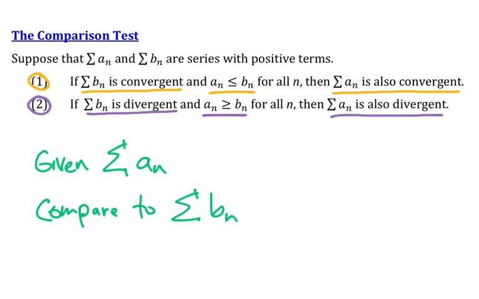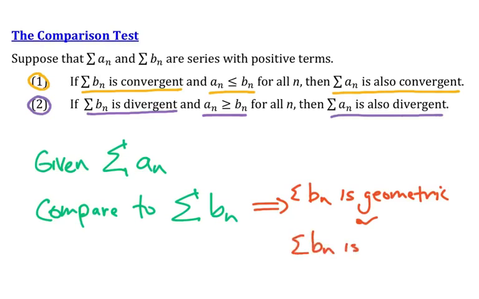So at this point in our discussion of series, I think there are really two types of series we know a lot about: geometric, or the other type, a p-series. So we know a lot about when a geometric series converges or diverges, and we know a lot about when a p-series converges or diverges from things we've already done.